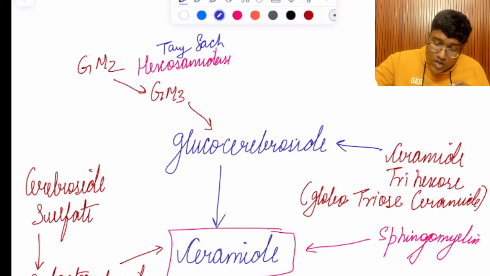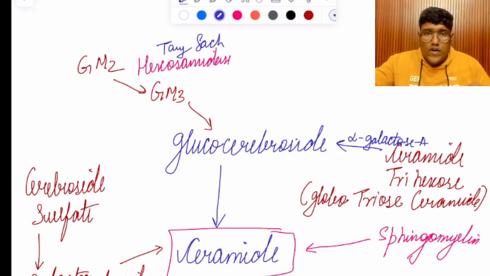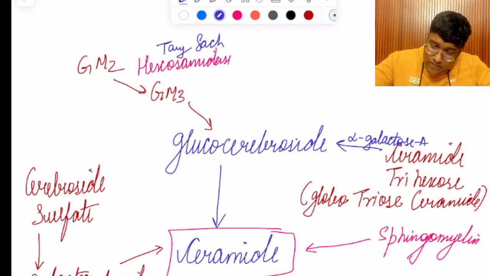Now, who is going to break this down to glucocerebroside? It's going to be broken down by alpha galactosidase. Sorry about that. Alpha galactosidase.